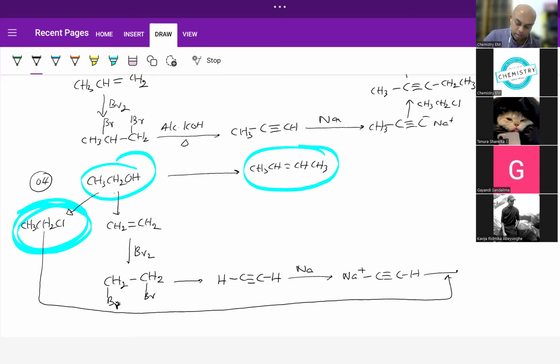Then I will have, I'll make it a number. Then I have CH3, CH2, C triple bond, CH. Then I can do H2 with Pd addition with quinoline here.